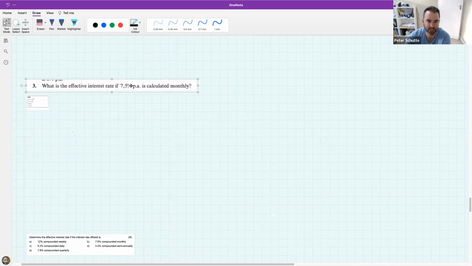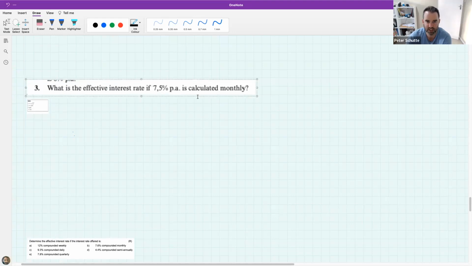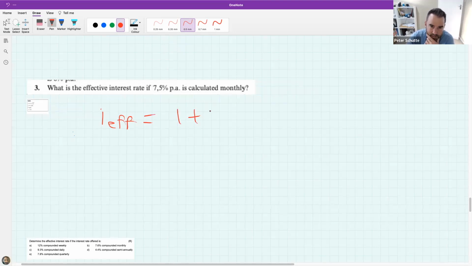What is the effective interest rate if your calculation is 7.5% per annum calculated monthly? So this is the formula that we use to compare the nominal rate and the compounding periods. Let me just write it out for you first: 1 plus, I talk about i nom and i effective.